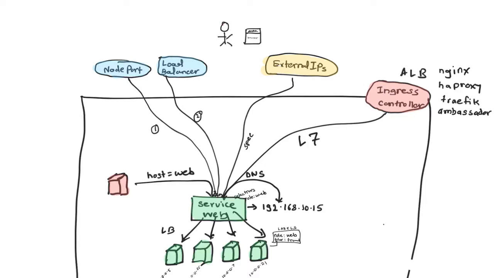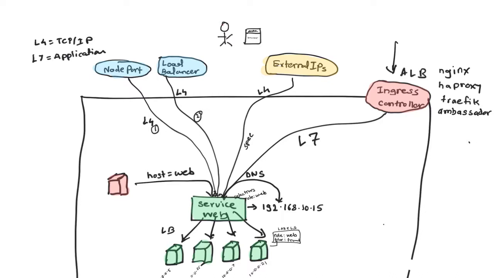This is an application which runs inside the cluster, and it allows you to expose your app, service outside using a layer 7 application load balancer. Everything else, including the node port, the load balancer, and the external IPs, is a layer 4 type of service, which means it works at the TCP/IP layer, versus the ingress controller works at layer 7.